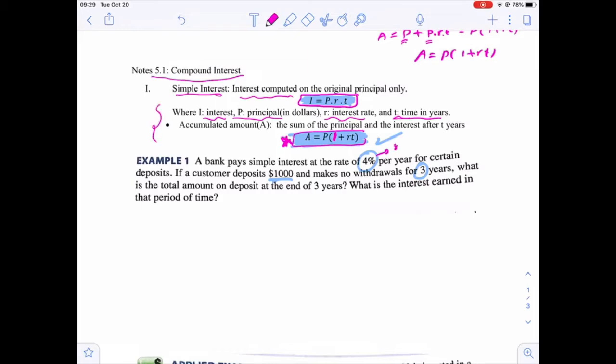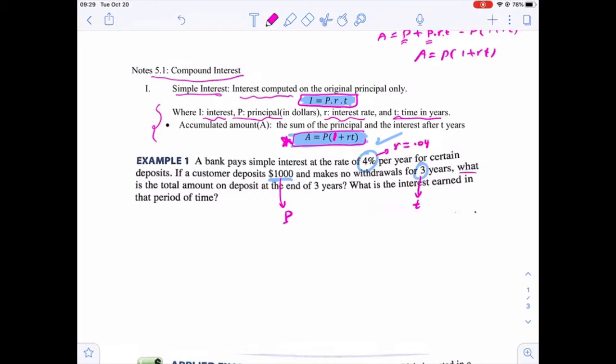So 4%, that means R, the interest rate, is 0.04. We write it as decimal. 1,000 is the principal amount, that's capital P. And we have 3 years, this denotes time.